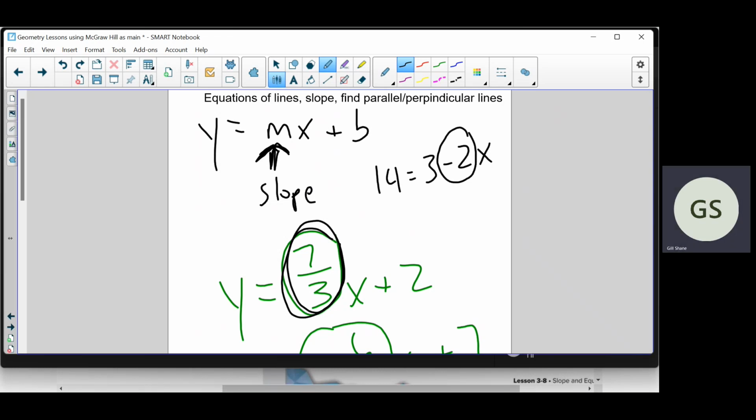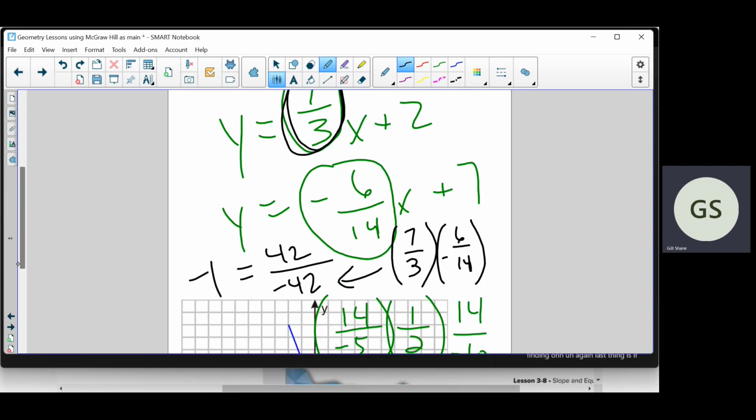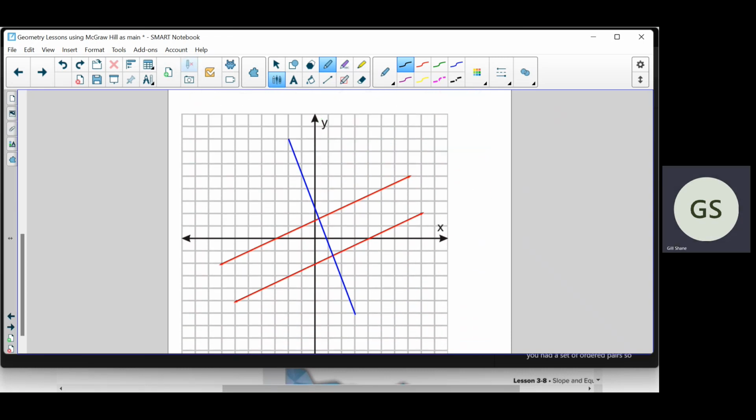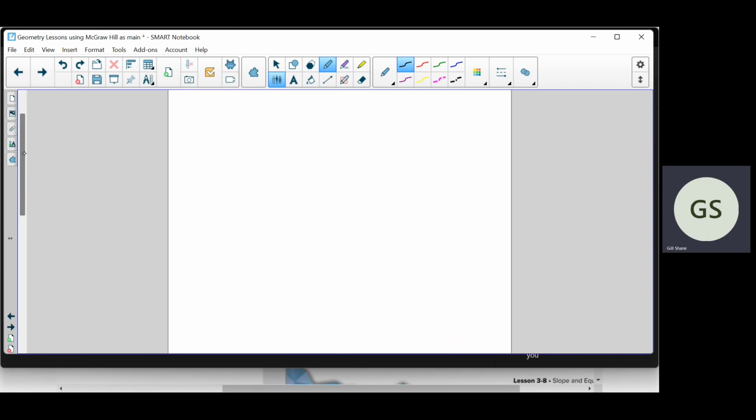Let's see. So we talked about finding, again, last thing is if you had a set of ordered pairs. So instead of these lines on the graph, if you have a set of ordered pairs and they want you to determine if lines are perpendicular or not, then you could graph them and then do rise over run.